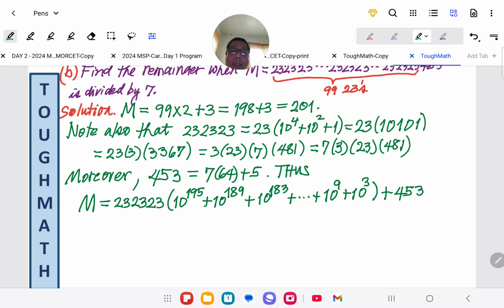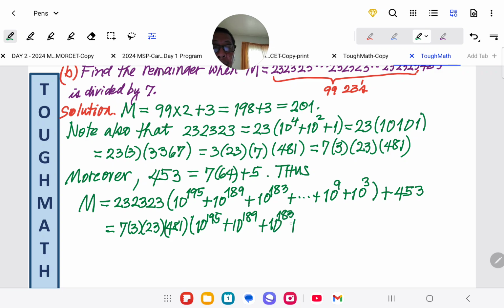Okay, and therefore this is equal to, since the 23 is divisible by 7, in fact it is equal to 7 times 3 times 23 times 481 times 10 to the 195 plus 10 to the 189 plus 10 to the 183 plus and so on plus 10 to the 9 plus 10 cube, plus 453 which is 7 times 64 plus 5.